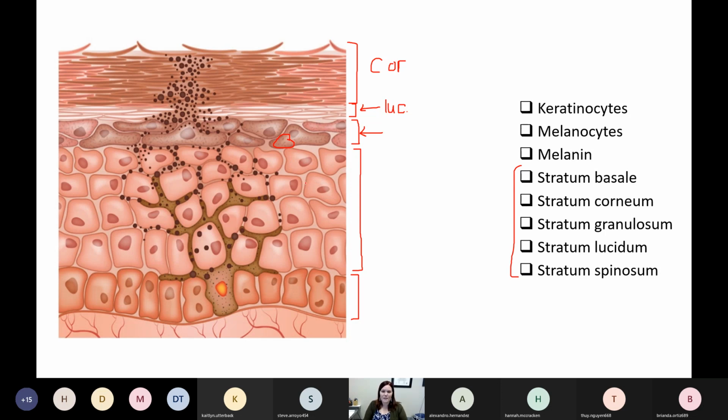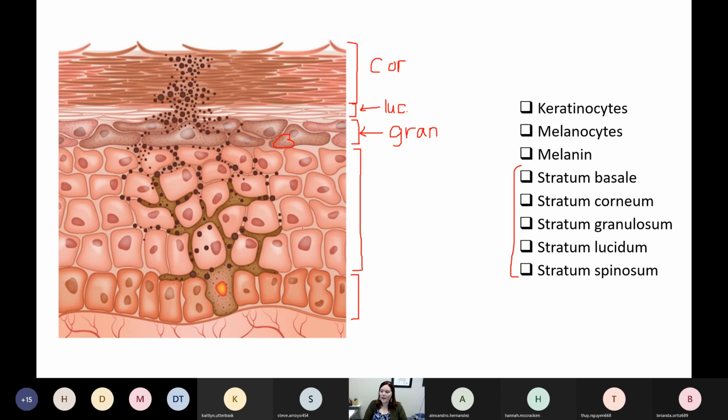What do those little spots do for my skin? Why are they helpful? Exactly right, Dusty. Yep, my glycolipids are my waterproofers. So stratum granulosum, where I have those glycolipids, those waterproofers.